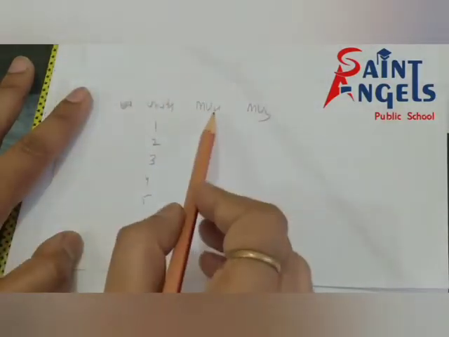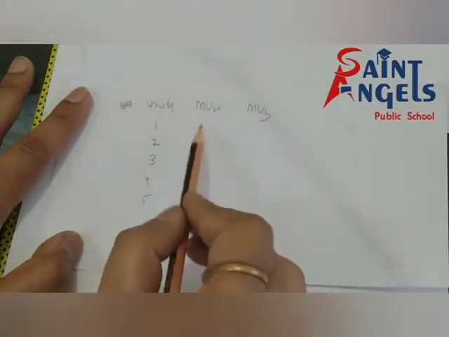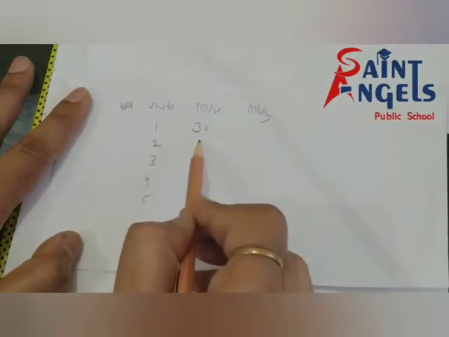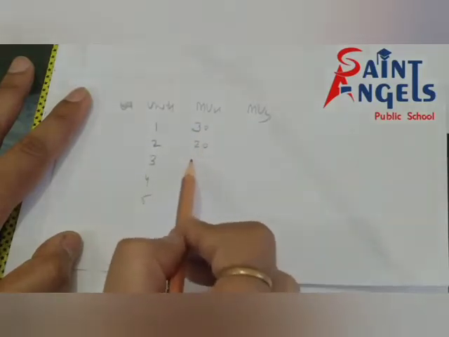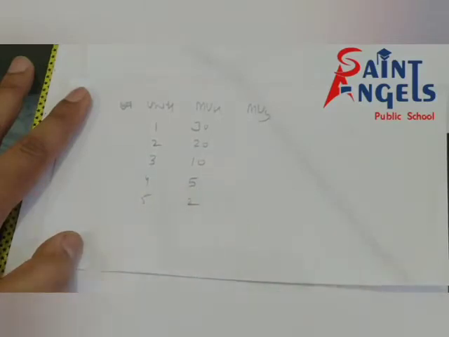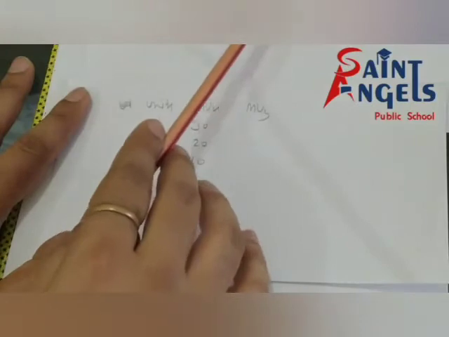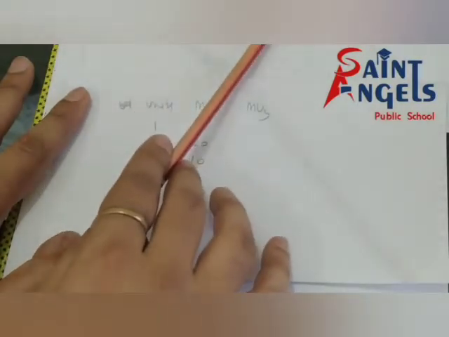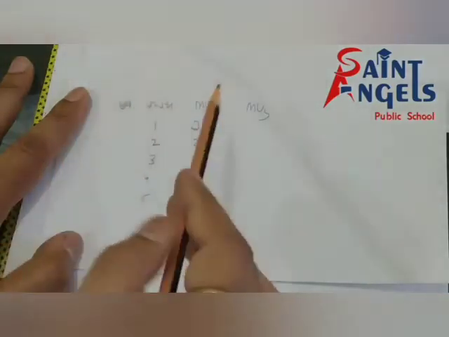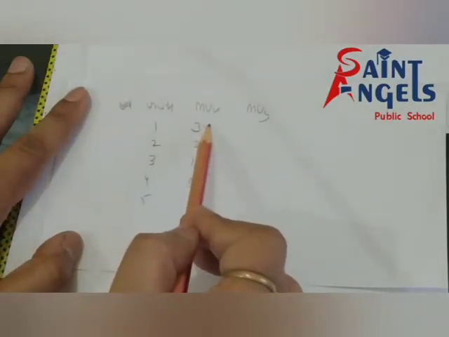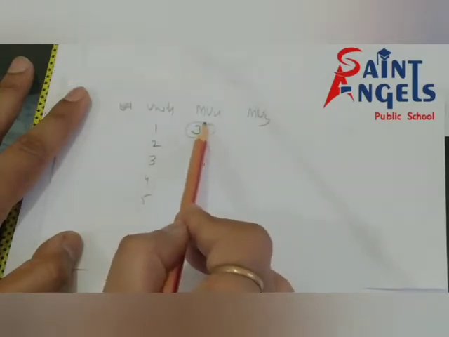See, take any value, but the value should be in decreasing order. See, 30, 20, 10, 5, 2. Now I'm using this combination, and it means 1 unit of good X and 4 units of good Y. At the first unit of good X, marginal utility is 30 utils.